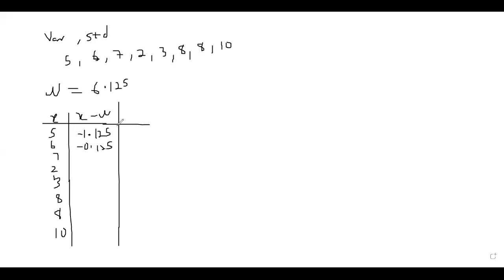You have to, it has to be repeated. Okay. So 7 minus 6.125 will give us 0.875.